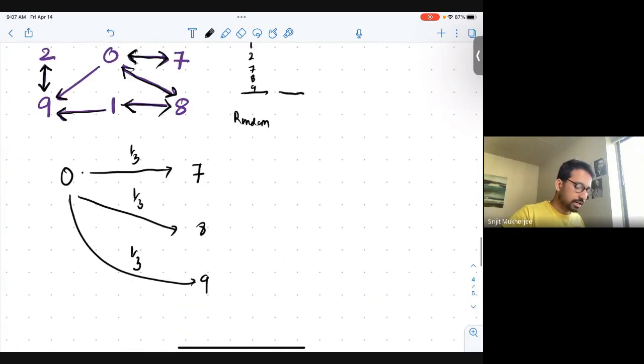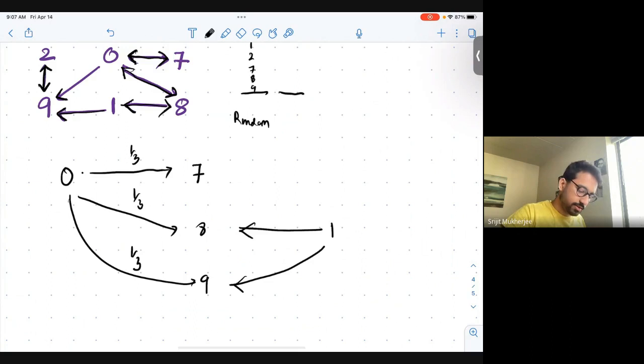1 can go not to 7 but to 8 and 9, with the two possibilities, so half, right?